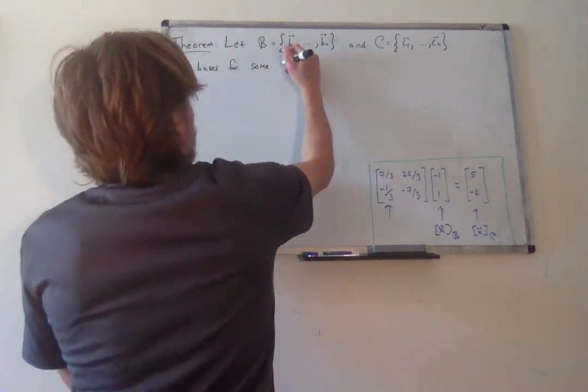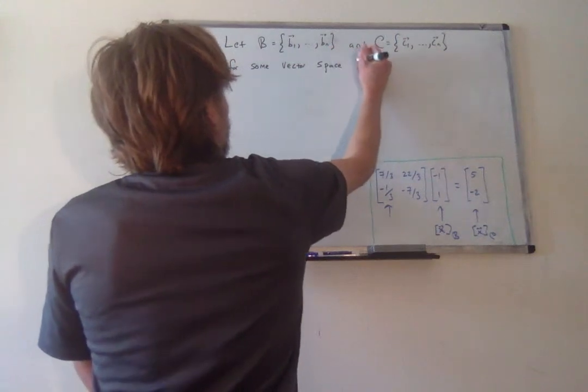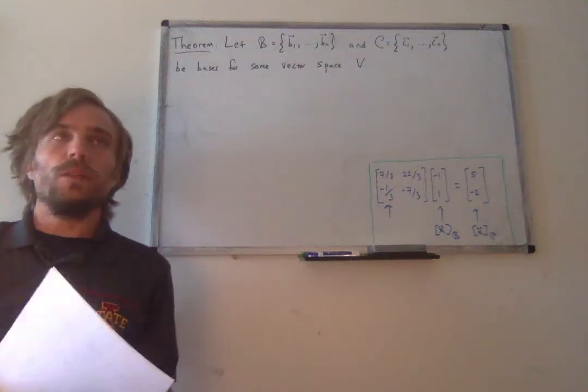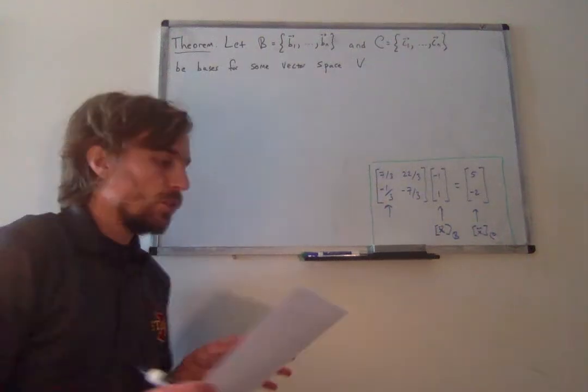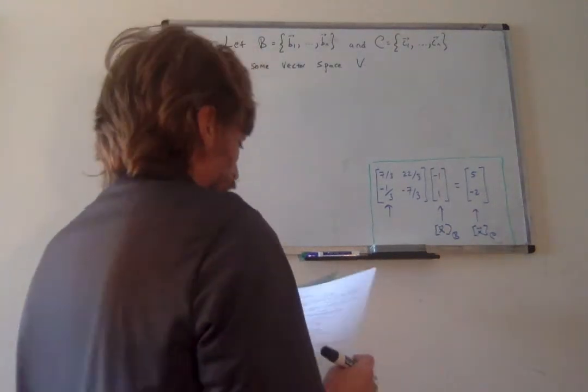And actually, I said Rn, but this theorem can be applied to any vector space V. We'll see an example later where we expand this to the polynomials. So we're allowed to consider an arbitrary vector space V in this theorem.